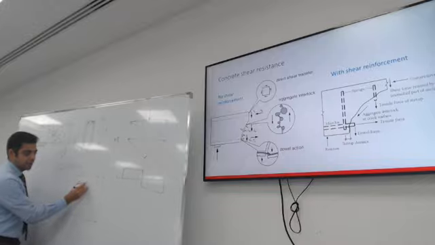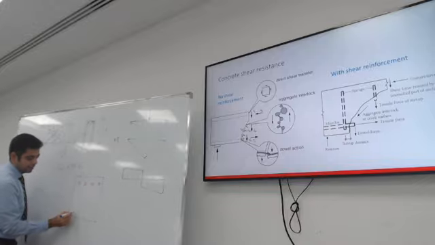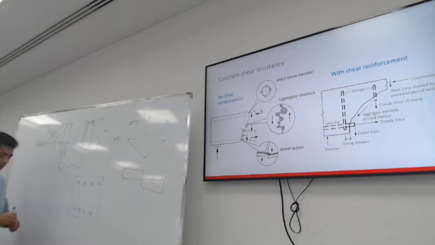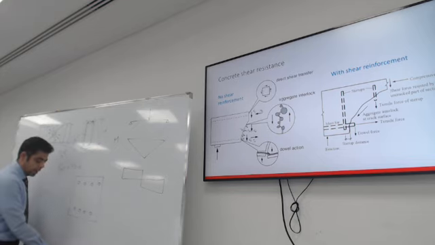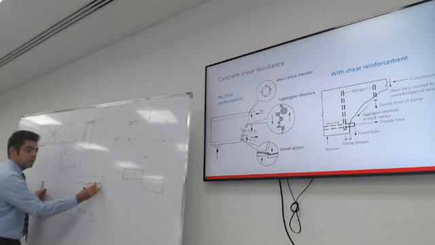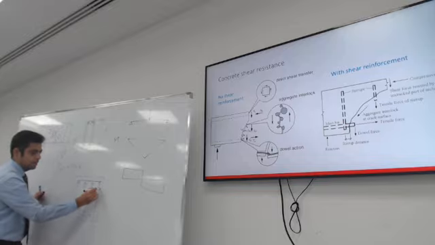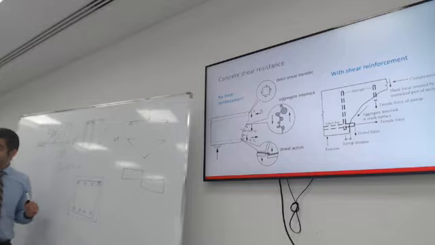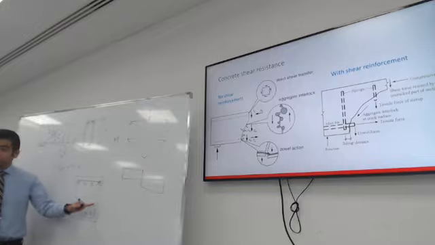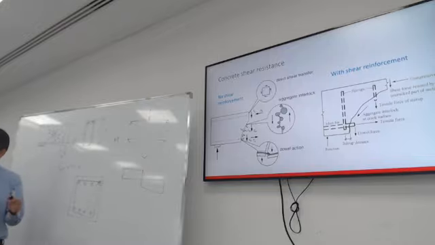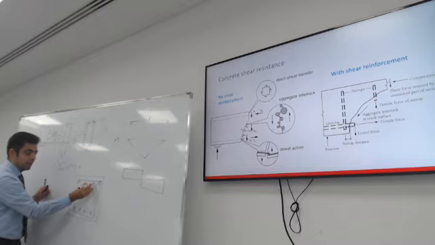This is the top reinforcement. This is the bottom reinforcement. I could do the following. I could do a link that surrounds the entire section. These are 2 branches, and then I will add on the smaller stirrup in the middle.